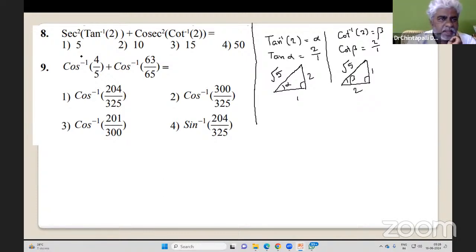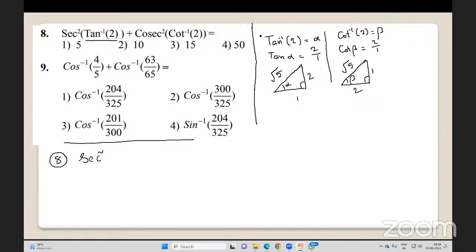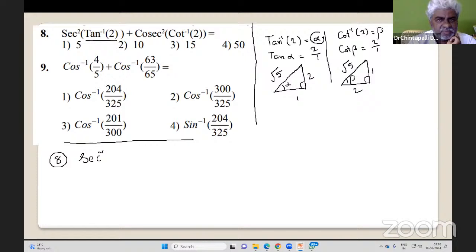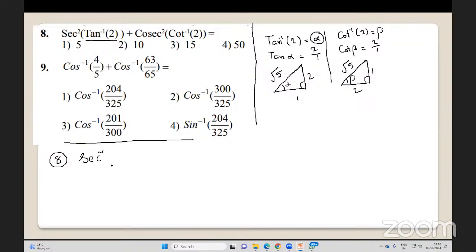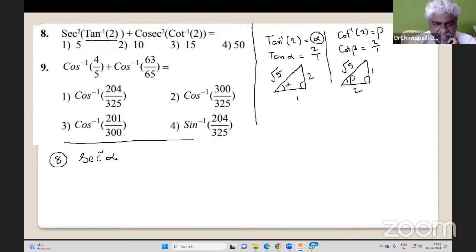Okay. Now rewrite the eighth sum. Sec square of, what is this value, tan inverse 2? This value is taken as alpha. Yes, sir. There is no scope to cancel. Even if we convert tan inverse 2 as sec inverse something, we should not cancel because the square is there.